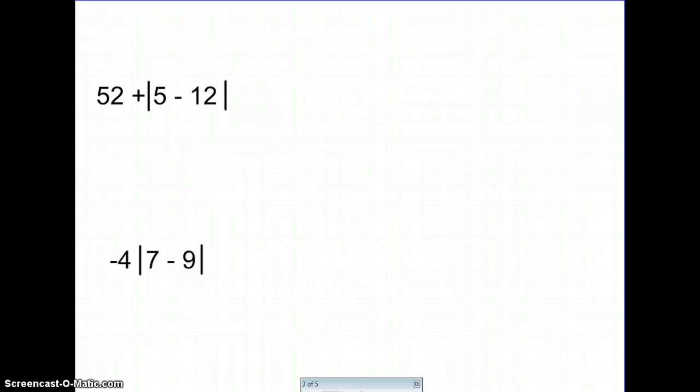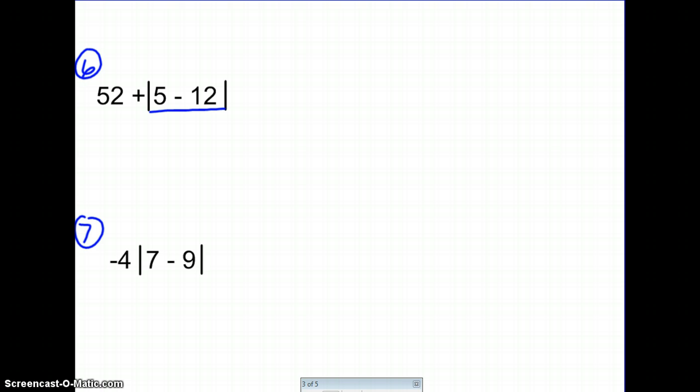Now we're going to look at some expressions that we need to evaluate. If I think of this as being problem 6, or example 6, and this one being 7, as we look at number 6, again, I need to do anything that's inside parentheses if I'm following PEMDAS, or the order of operations, and absolute value symbols are the same as parentheses.